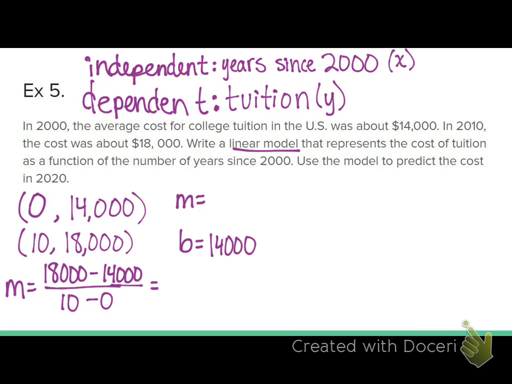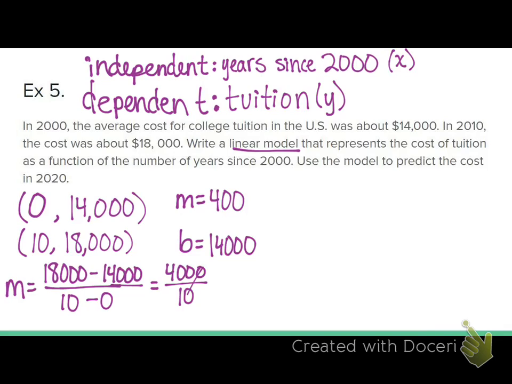Okay, when we subtract those, what do we get? 4,000 over 10. Which 4,000 divided by 10 ends up being 400. You can just cross off a 0 on each of them. So our M is 400.